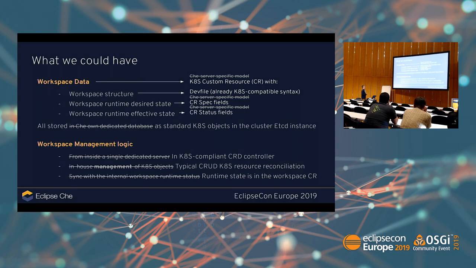And on the logic side, everything would be done inside a Kubernetes-compliant CRD controller, as I spoke of before. This is something very well-defined, with simple logic. It's typical CRUD resource reconciliation. You have a resource created, you have to create the underlying objects; you have something deleted, you have to delete them. So it's very simple and systematic logic. And then, of course, we don't have to sync any runtime status because everything is stored in the custom resource.